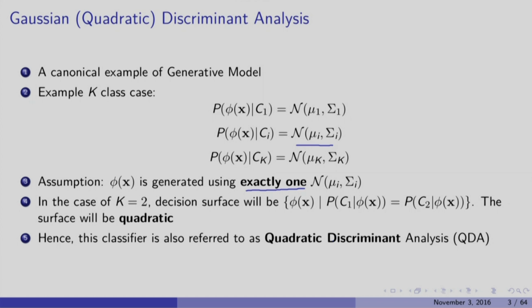Now let us try and understand what the separating surface, the decision surface, will look like. It turns out that the decision surface will be quadratic, especially when the covariance matrices are not constrained to be the same. This classifier is also therefore called the quadratic discriminant analysis classifier.